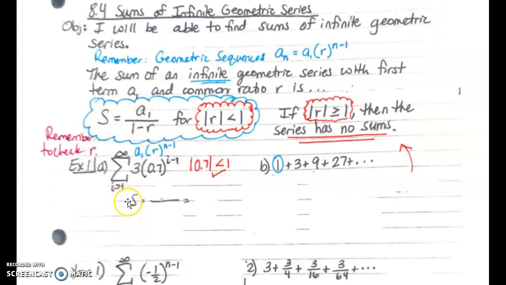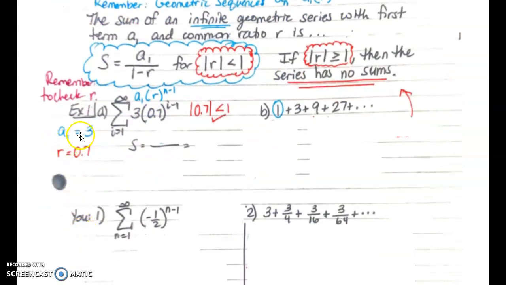So our sum is equal to, we need a sub 1 and we need the ratio. We know that our ratio is 0.7, and a sub 1 is our first term right here. So we can identify those as a sub 1 equals 3 and r equals 0.7, and we just start plugging in.